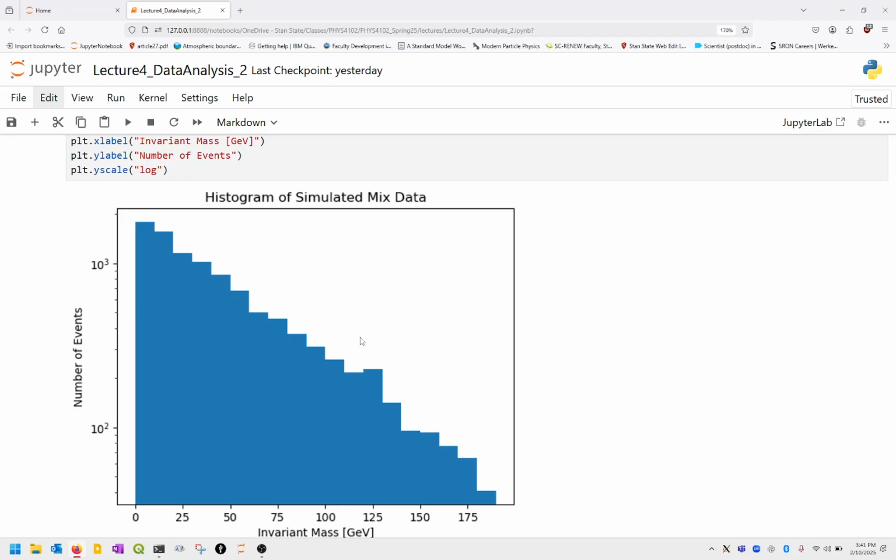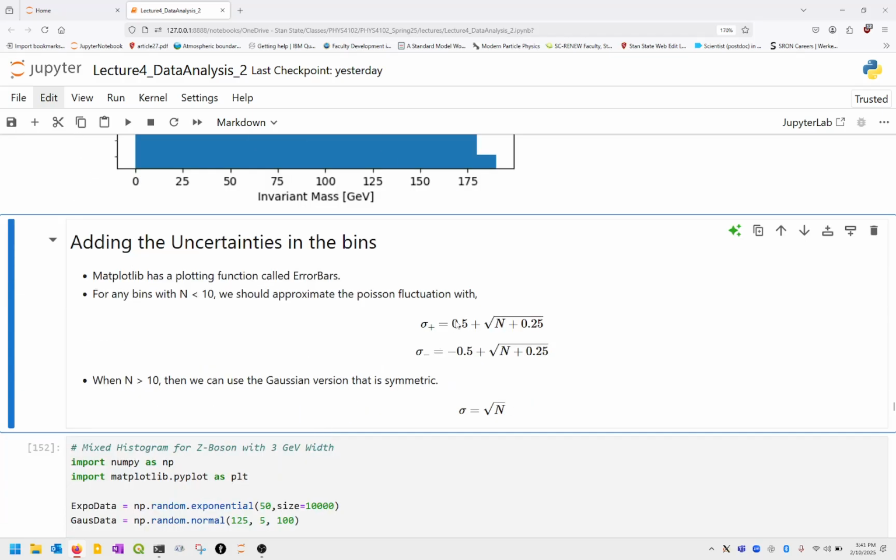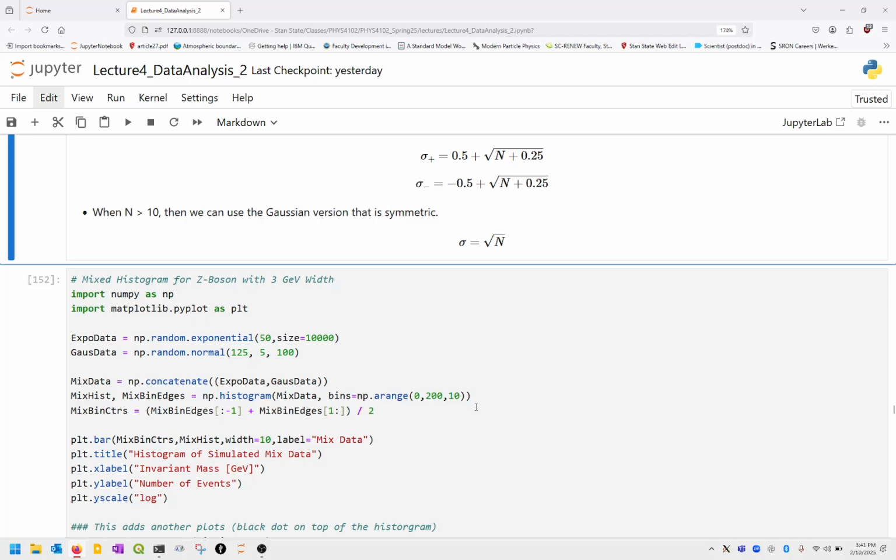There's a little bump here. If you didn't know that a priori, you would not see this. So how do you put those uncertainties on your histograms also? This is where we're going to use these sigma calculations in order to add uncertainty to these bins.